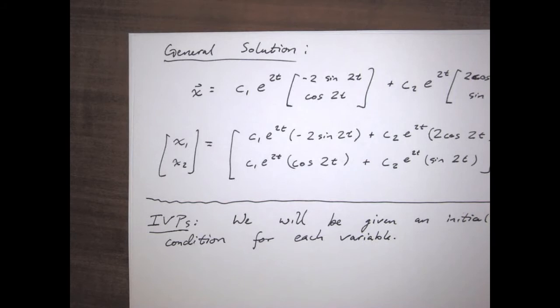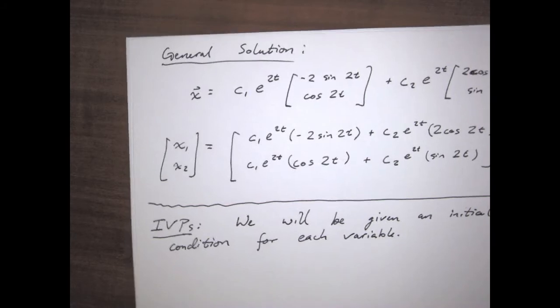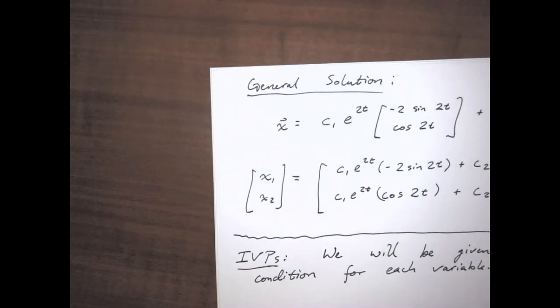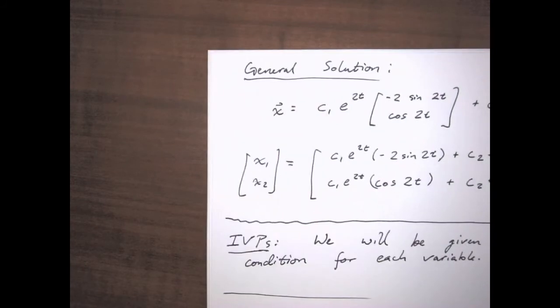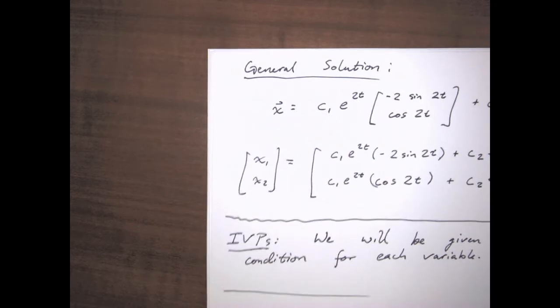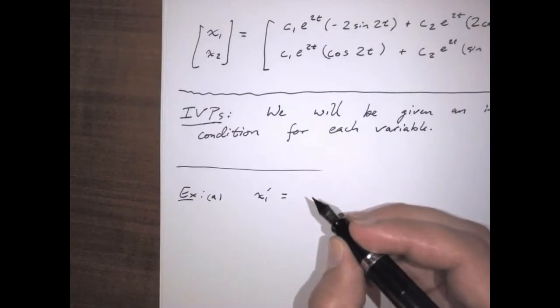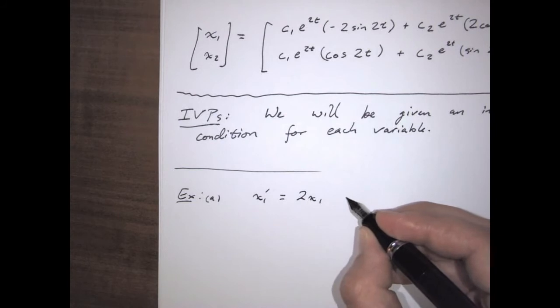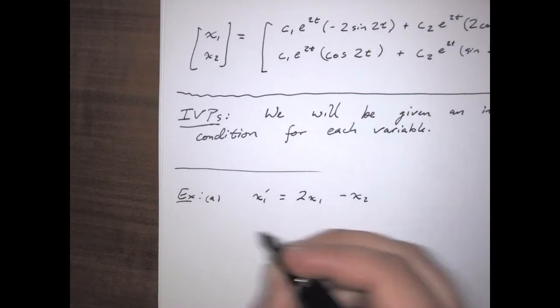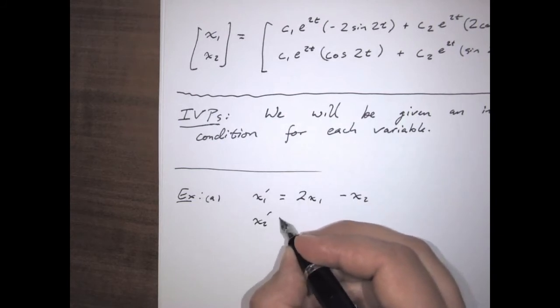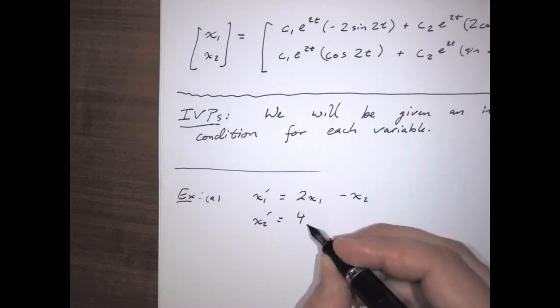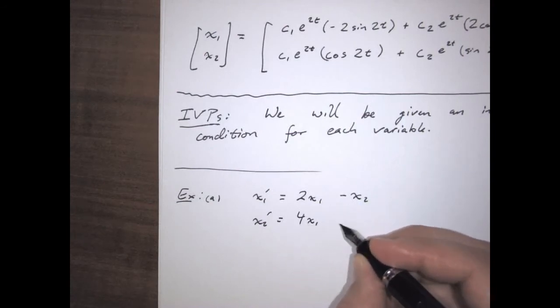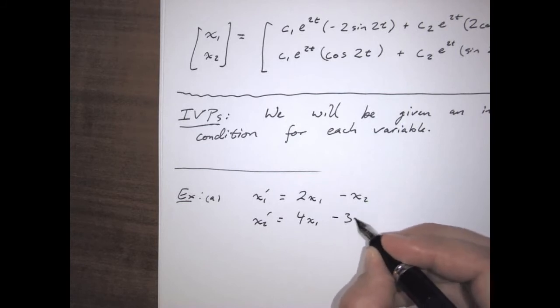So for example, let's take something like x1 prime equals 2x1 minus x2. x2 prime equals 4x1 minus 3x2.